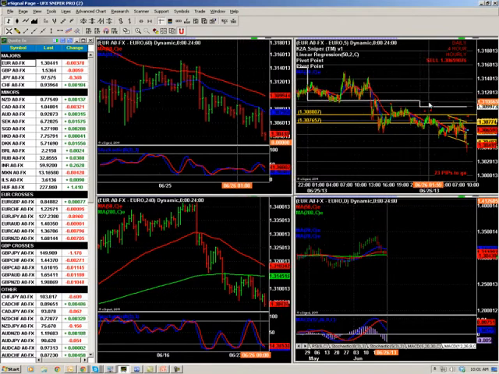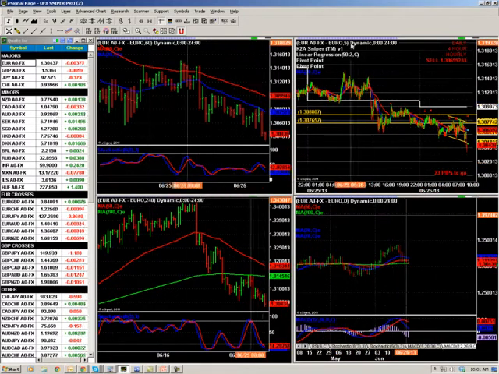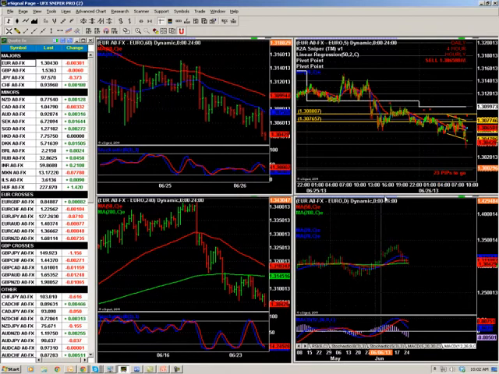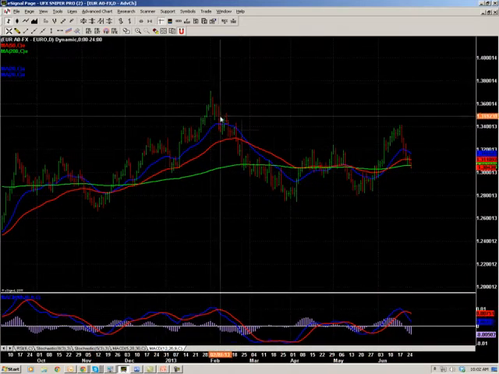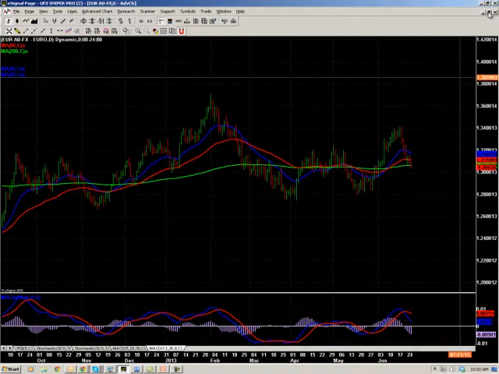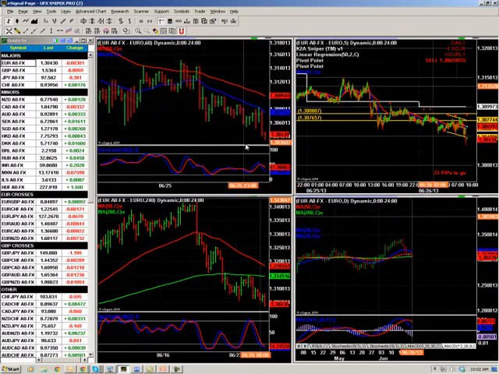As usual, I've got my 4 charts: daily, 4 hourly, 60 minute, and 5 minutes, and this is how I trade. I can open the daily chart up, and I've got my indicators here at the bottom, my moving averages, everything. If I want to do intraday trading, I've got the 5 minutes and the 60.